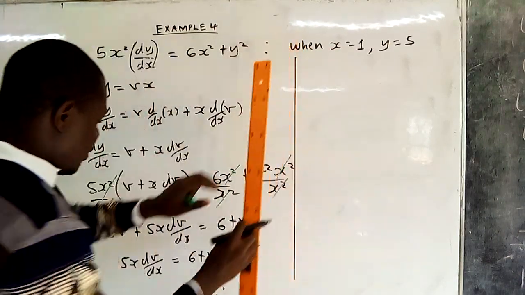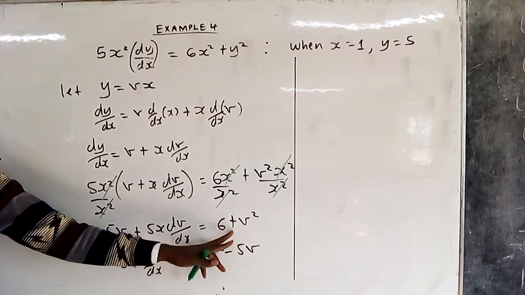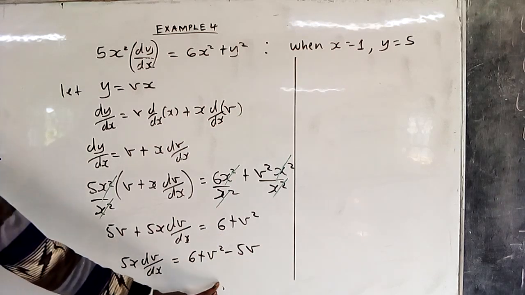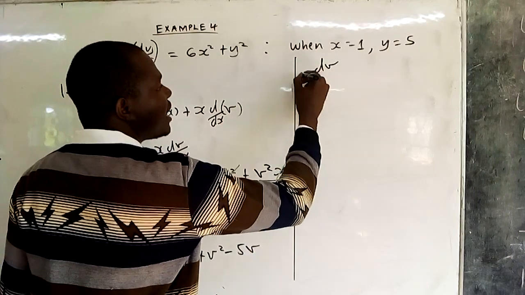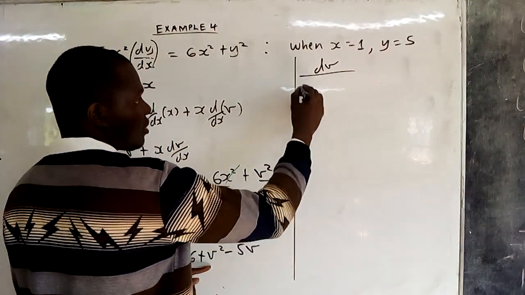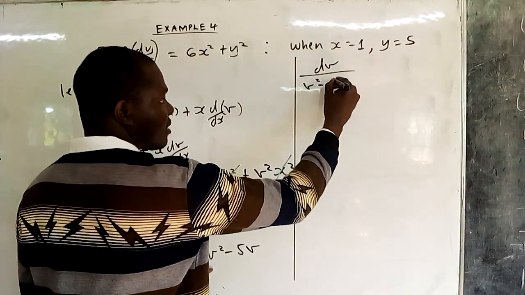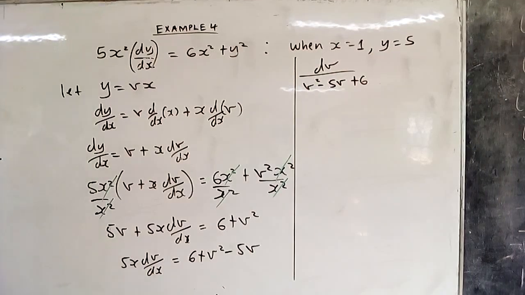After you've done that, ladies and gentlemen, what do we have? We can now separate the variables, isn't it? X on their own, v on their own. So this one goes the other side, this other one comes this side. So what are we going to get? We are going to get dv over, if you rearrange, v squared minus 5v plus 6, isn't it?